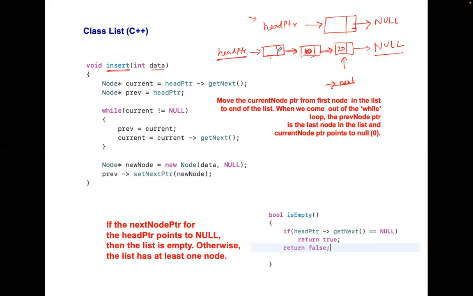So what we are going to do is initialize some temporary pointer variables with which we are going to traverse the whole list. We are going to initialize two temporary variables, current and previous.